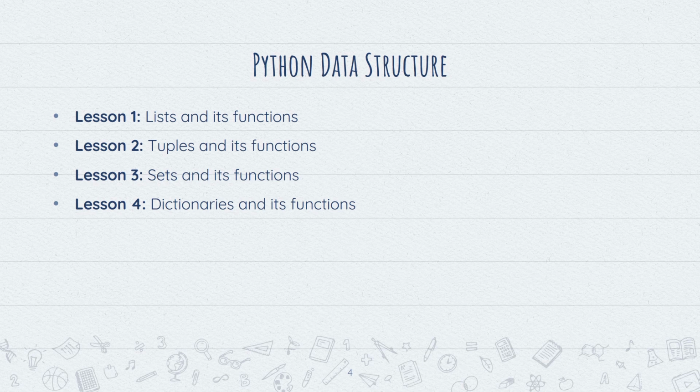And lesson 3 is about another data structure, which is sets. And we'll learn about its functionality and different uses and different programming bits of sets. The last lesson that we'll be learning in Python data structure is lesson 4, which is dictionaries. And here we will learn what a dictionary is and what functions are used in dictionaries and many more.